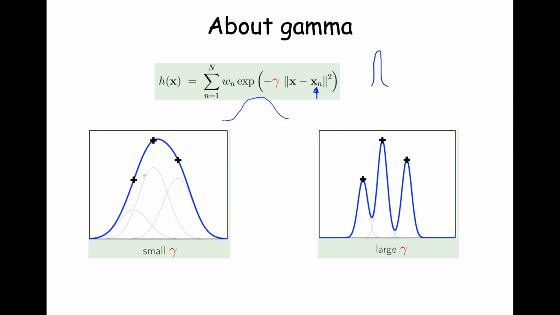And so here on the right-hand side, we have a small gamma, and we have 3 points here, here, and here. They're one-dimensional. And we put a radial basis function kernel over each point, centered at each xn. And so here's one of them. Here's another one, second one, and here's the third one.